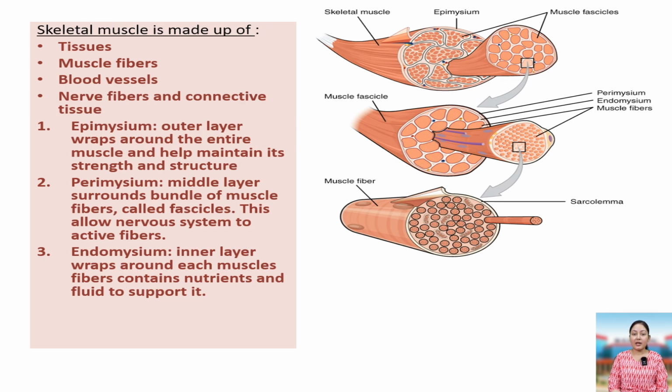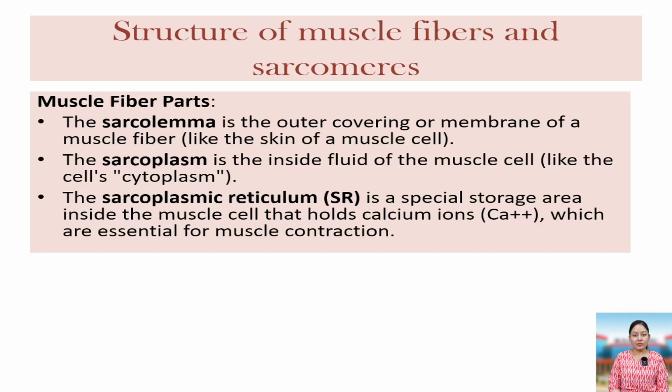Second layer is the perimysium, the middle layer that surrounds bundles of muscle fibers called fascicles. This allows the nervous system to activate fibers. Third layer is the endomysium, the inner layer that wraps around each muscle fiber and contains the nutrients and fluids to support it.